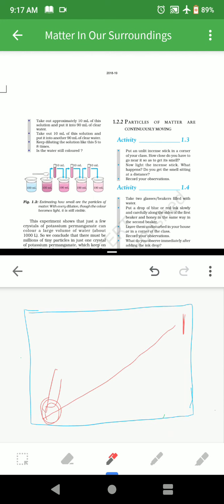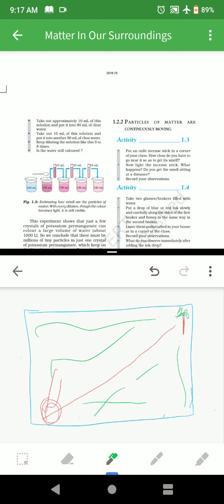Now let's light that incense stick. If you light that incense stick, what will happen? Wherever you are, you will get the smell of that incense stick. It goes all over your room.